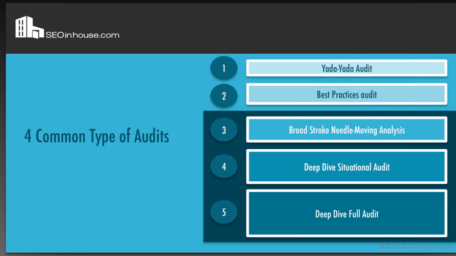The next would be that broad stroke needle moving analysis, and I think those tend to fall in probably the $7,000 to $15,000 range. So that would be something that you would consider for those broad stroke needle moving analyses. And the price point, a lot of what drives that is the complexity of your website.